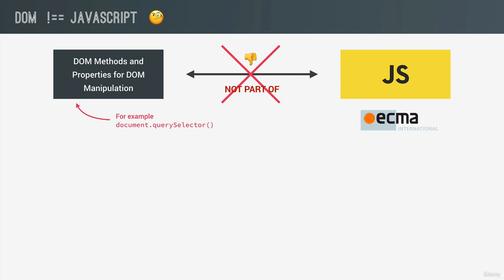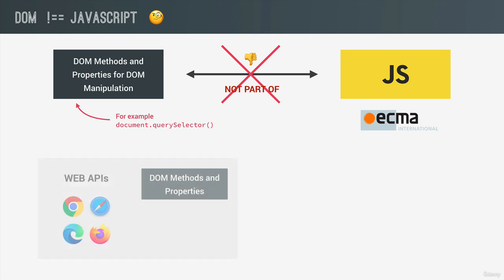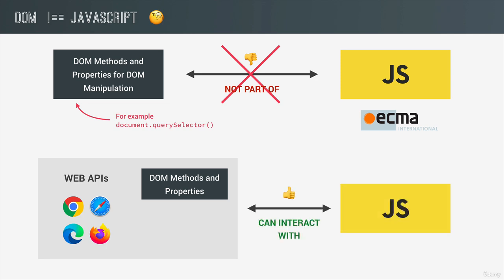Okay, but now you might ask, if the DOM is not a part of the JavaScript language, then how does this all work? Well, the DOM and DOM methods are actually part of something called the Web APIs. So the Web APIs are like libraries that browsers implement and that we can access from our JavaScript code.